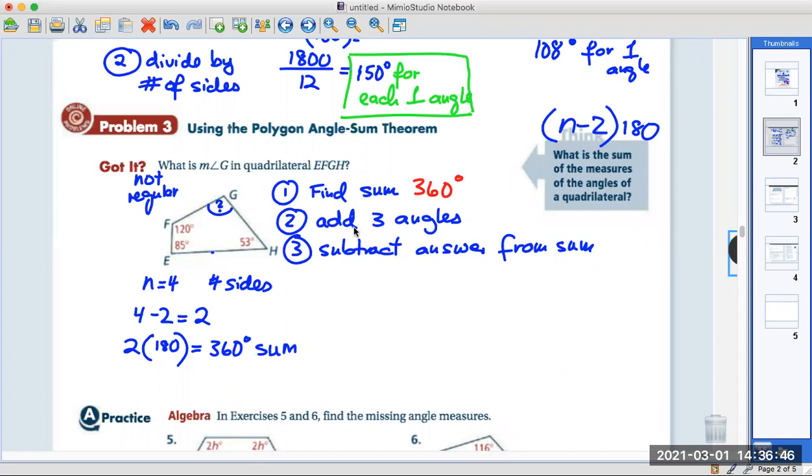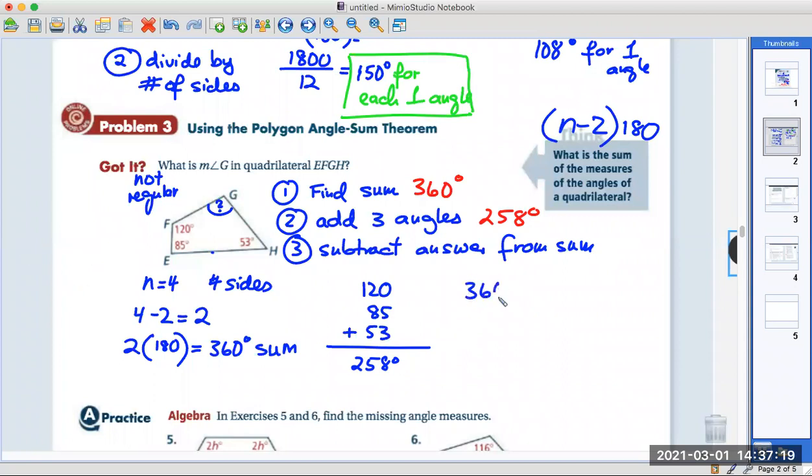Now we're adding all 3 angles: 120, 85, 53. And I believe that sum is 102, no, what is it? 258. 258 degrees, and now we subtract. Now we subtract your answer from the sum, which is 360.